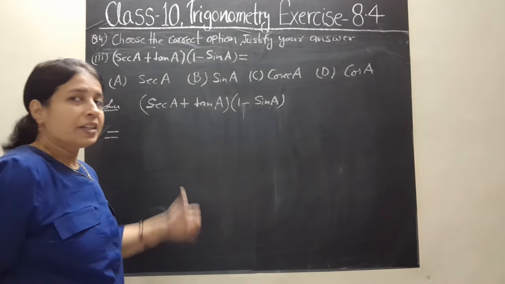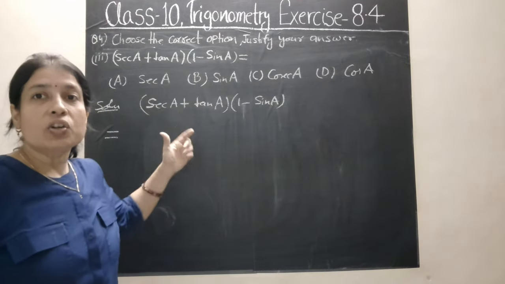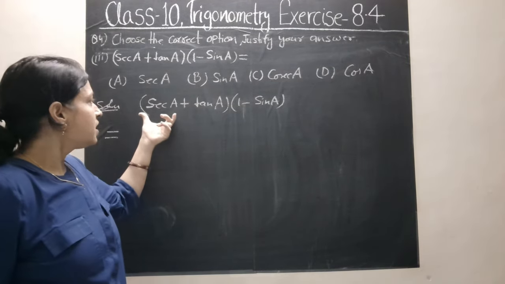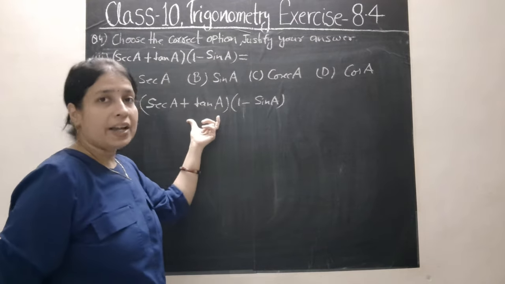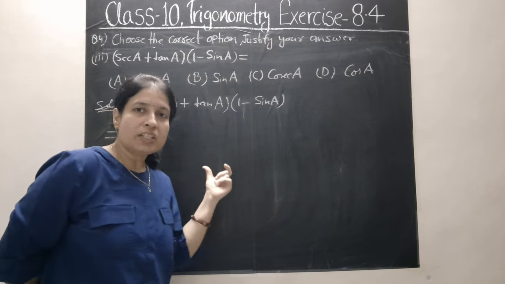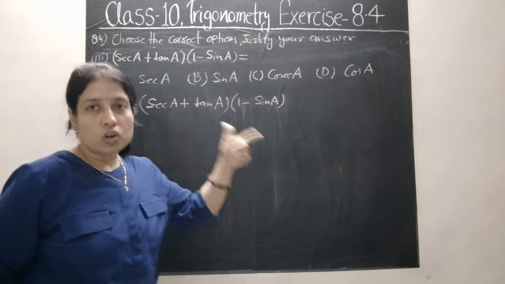So first क्या करेंगे हम, इसको साइन और कॉस में चेंज करेंगे. Here it is given sec A, यहाँ दिया हुआ है tan A. So tan A को भी साइन और कॉस में चेंज करेंगे, sec को भी हम कॉस में चेंज करेंगे.